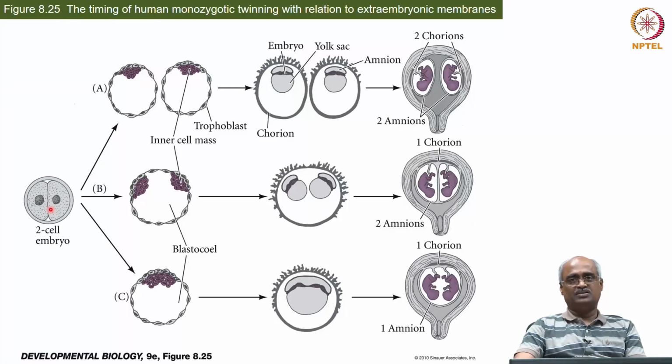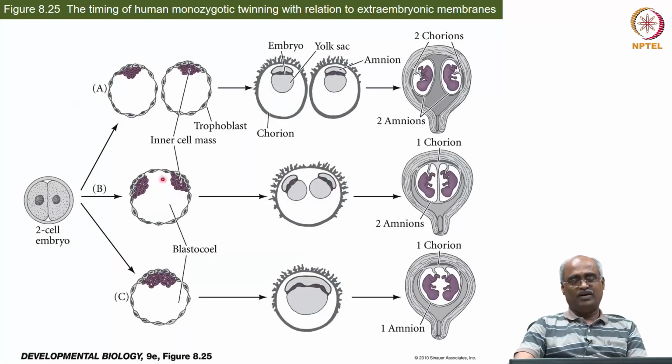early embryonic cells. Now, suppose the split happens later, after the trophoblast has formed, and the inner cell mass splits into 2 groups. Now they are going to make 2 epiblasts and hypoblasts, and each epiblast is going to give rise to amniotic ectoderm, and therefore you will end up making 2 amniotic cavities.